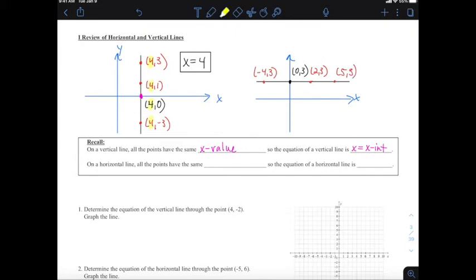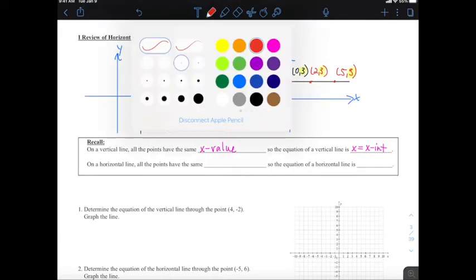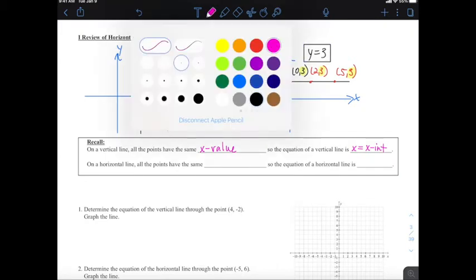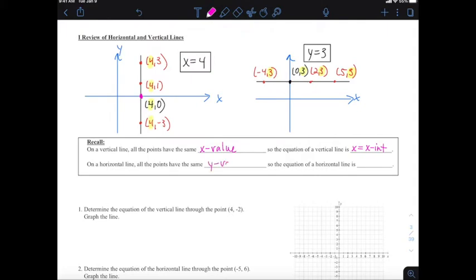But the pattern that I'll be seeing here is that for all of them, the y value equals 3. Okay, so in this case, we can see that all the points on this line have the same y value, so the equation of the line is y equals the y-intercept.